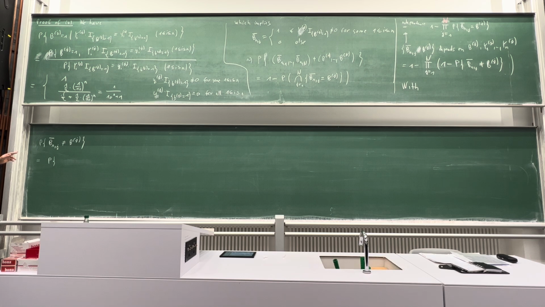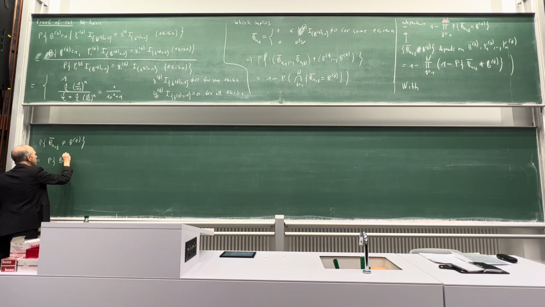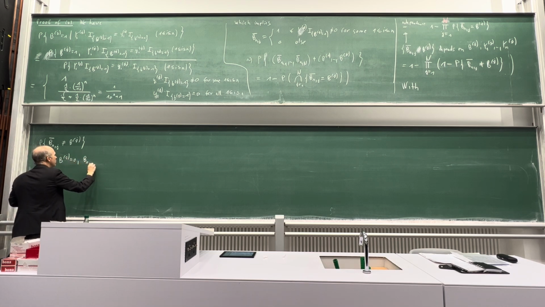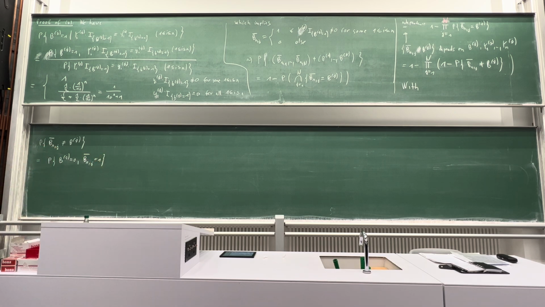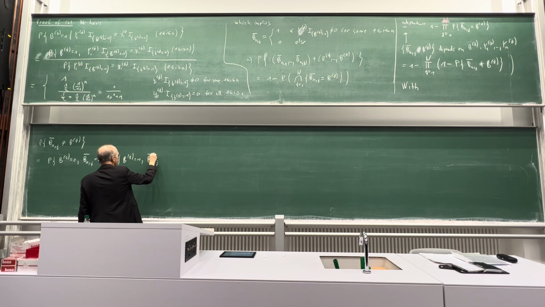And if Bj is 0, then B and J bar must be not equal to 0, so 1, or otherwise Bj might be 1, and B and J bar must be 0.